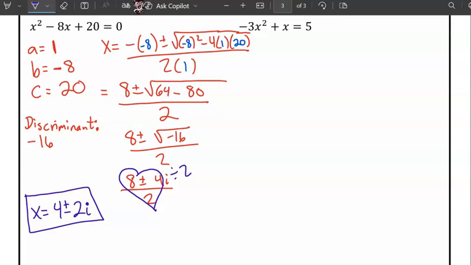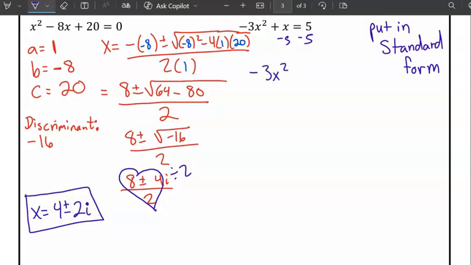And then we have this equation, negative 3x squared plus x equals 5. We don't have it as equaling 0, so let's change it. Subtract 5 from each side and rewrite it. Negative 3x squared plus 1x minus 5 equals 0.